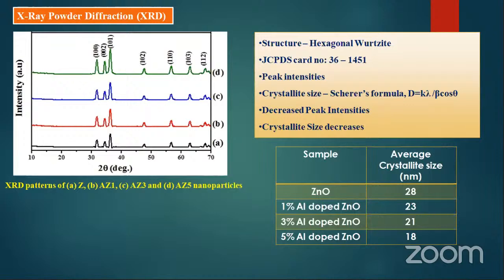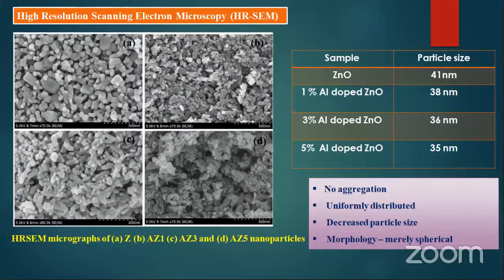The peaks are very sharp, which shows the crystallinity of the sample. And you can see that as we are increasing the doping of the sample, there is not much aggregation, and it is clearly distributed.